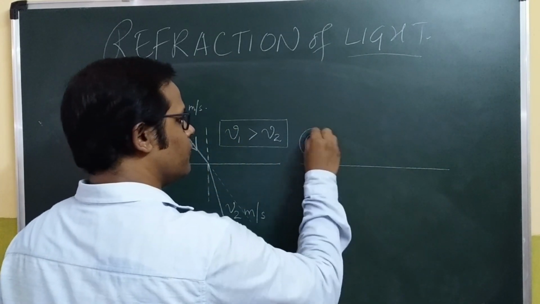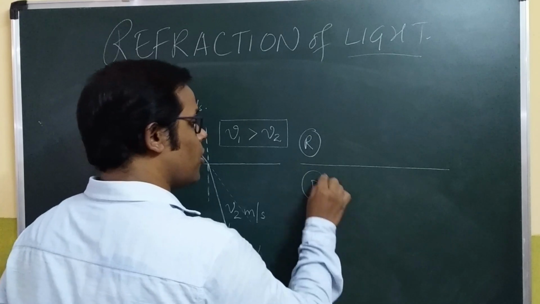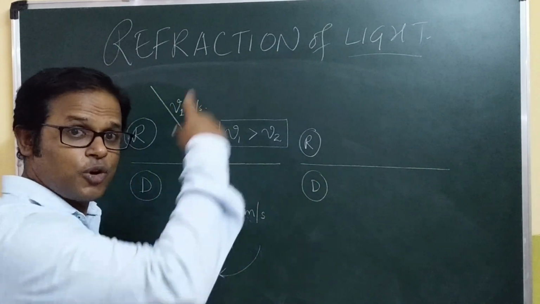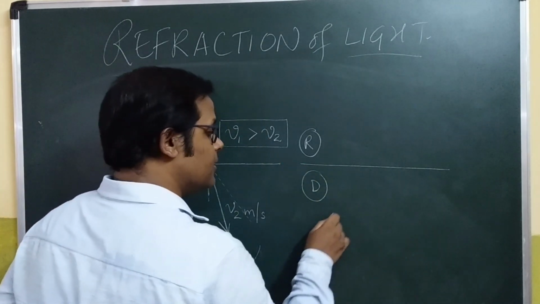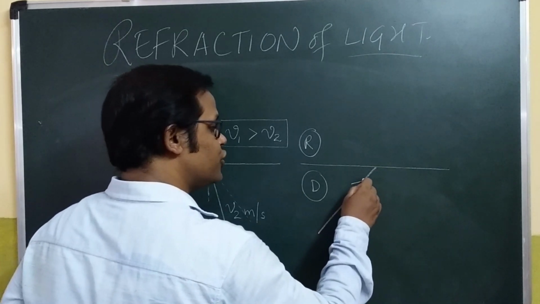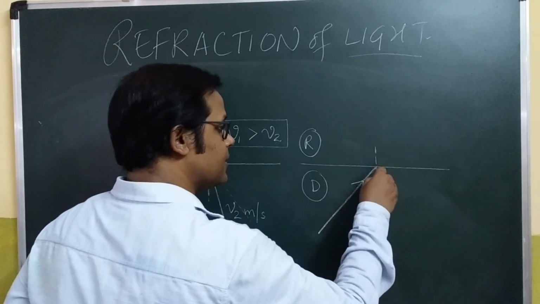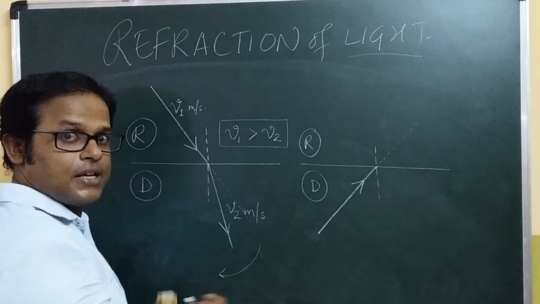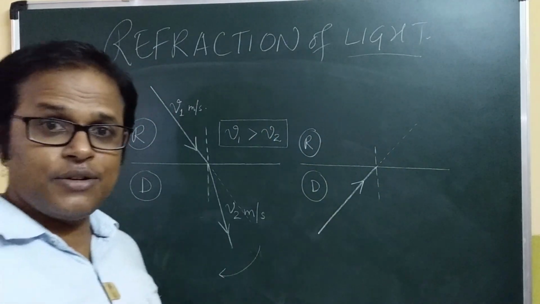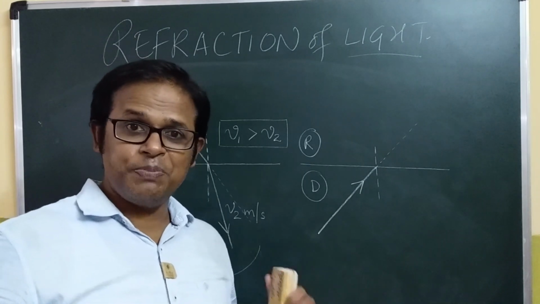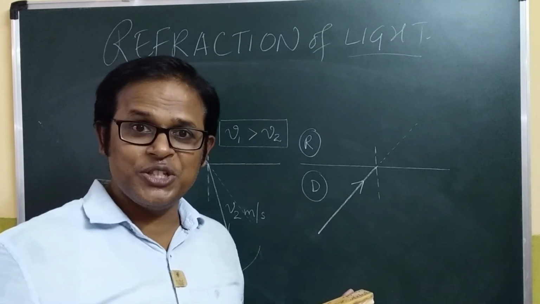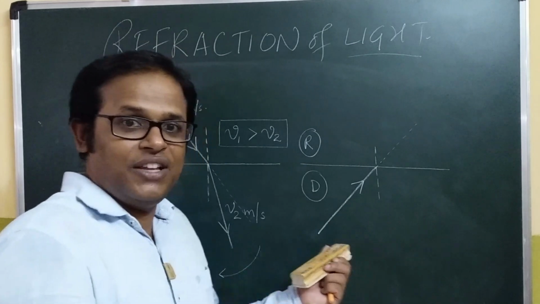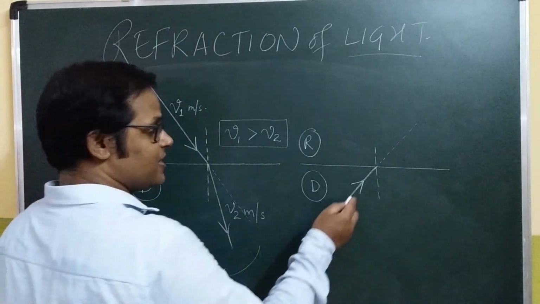if the ray of light happens to travel from optically denser medium to optically rarer medium, then you would have shown it by something like this, rather than going straighter, denser to rarer. So as it goes from denser to rarer, the speed of light is going to increase relative to the speed of light in denser medium.